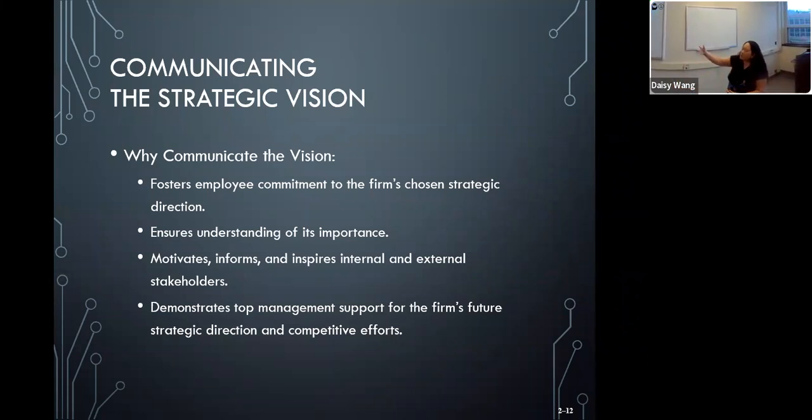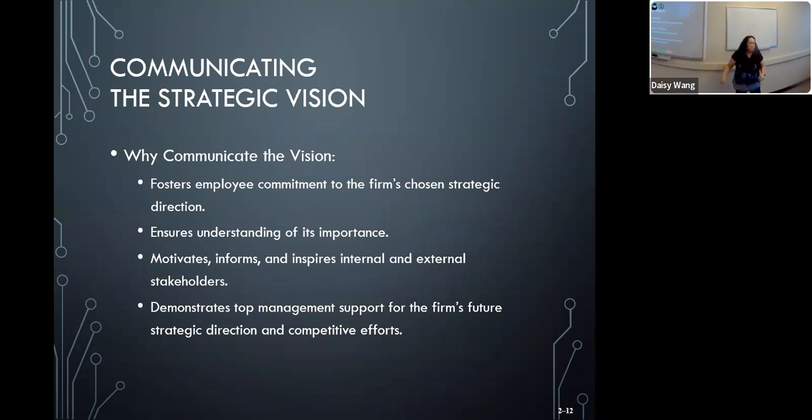So to communicate the vision, usually they will put the vision statement everywhere. And when we have a new student orientation or new faculty orientation, they should talk about it. I don't know if we did. I didn't when I came here. When I first came here, I didn't have an orientation, so I don't know. And then make sure that everybody understands what the vision statement means.